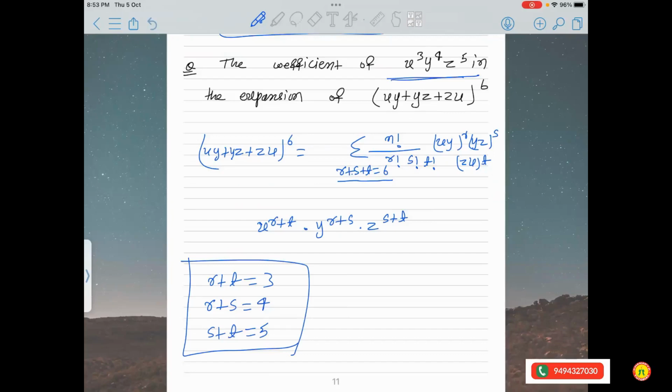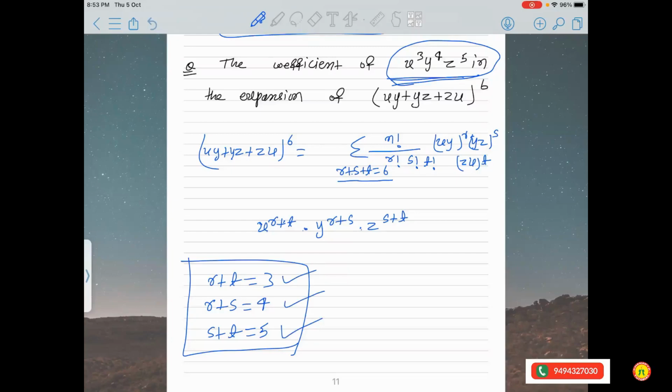So here x power r into x power t, you can write as x power r plus t, and similarly y power r plus s, and similarly z power s plus t. So we need to find this power x cube. It means r plus t equal to 3, r plus s equal to 4 and s plus t equal to 5. 3 equations, 3 unknowns.